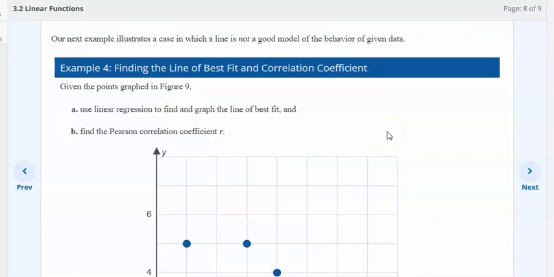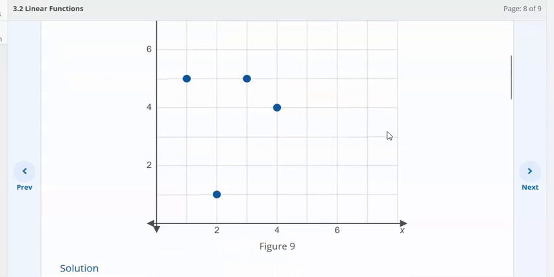Example 4 is done in a similar way. Until you get your hands on to try it, look at these notes carefully. And of course, you can use the Learn that's in your lesson to follow that. We'll just briefly show it here. Again, what type of slope does this look like? Is this going to be a positive line or a negative line?